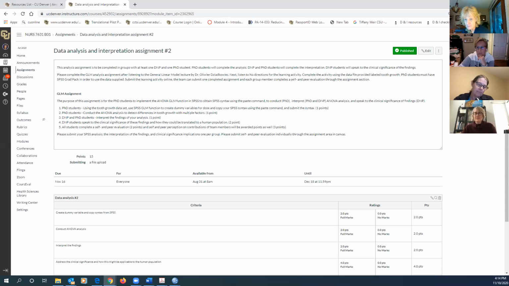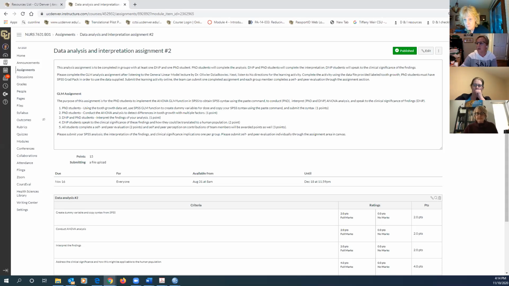Okay. And then my follow-up question is, for question 2, you only need to see the analysis, not the syntax? Because if we just send you the analysis file, it's got the syntax at the top. Just make sure, what you might want to do is highlight it if you're doing it that way.